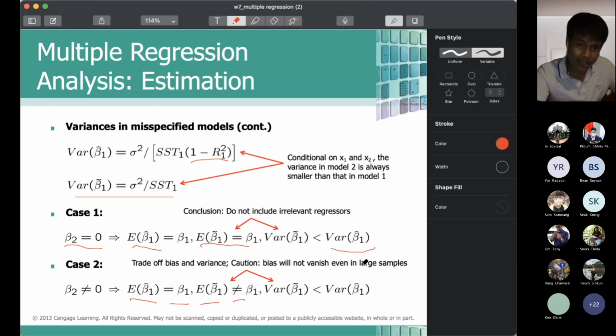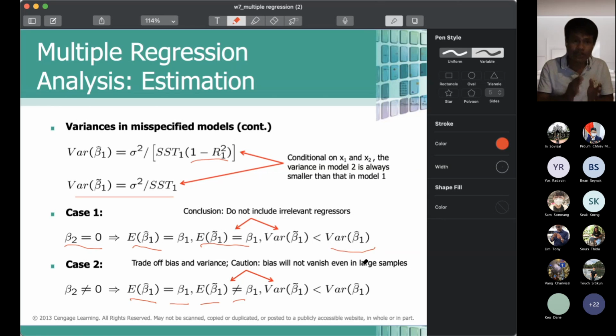So in conclusion, remember, class, from this example, it's better to address the issue of omitted variable bias. Try to meet the zero conditional mean assumption. For the multicollinearity issue, if there is a problem, you can address it by increasing the sample size.